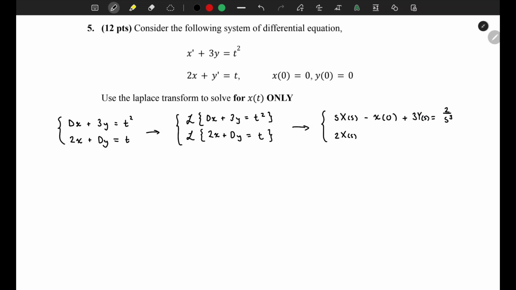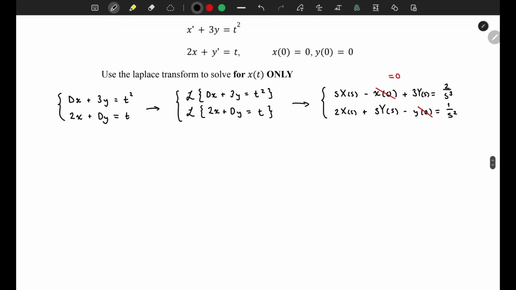So we have 2X of s plus s capital Y of s, minus y of 0, and it's equal to 1 over s squared. Okay, so obviously we know that x of 0 and y of 0 are both equal to 0, right?